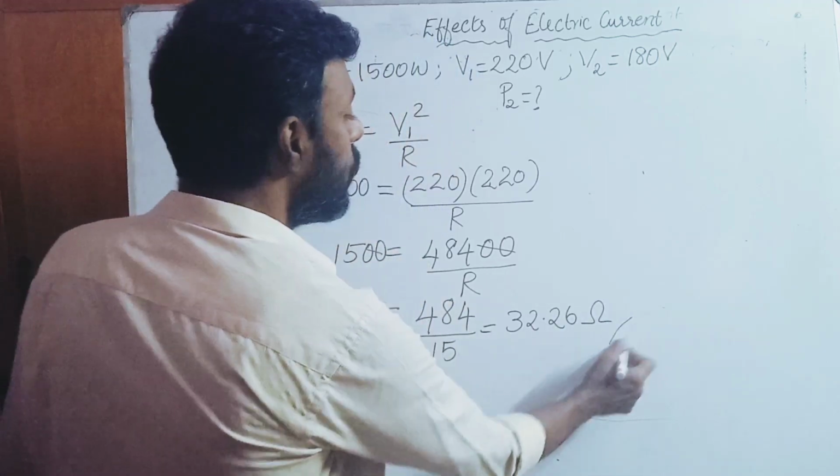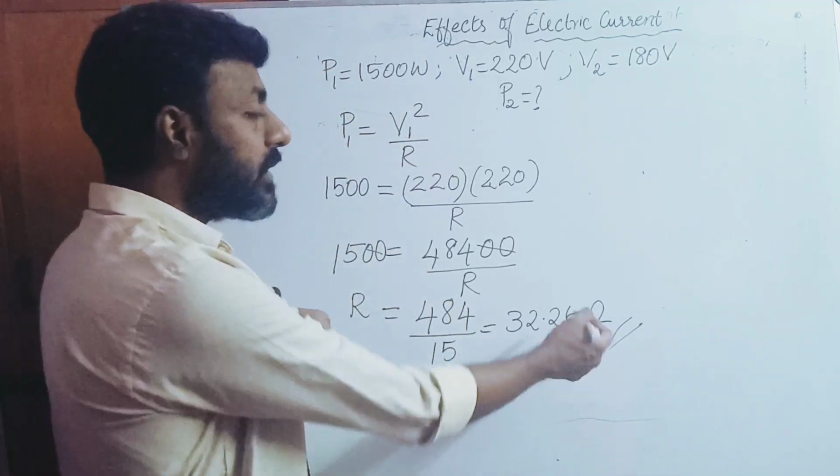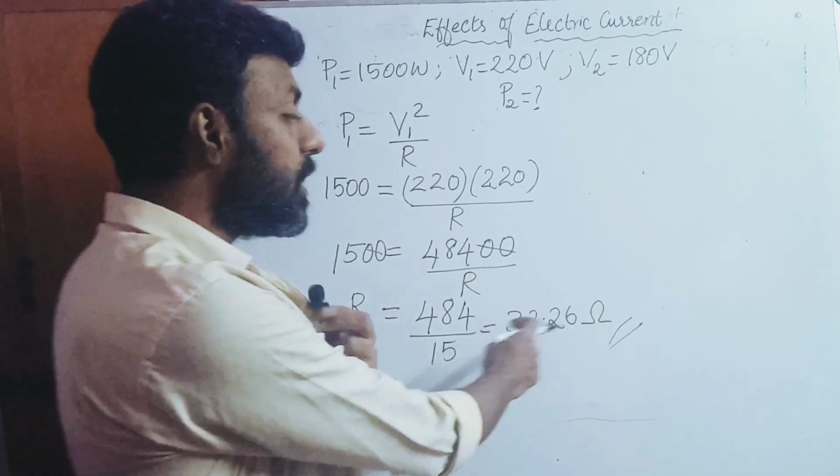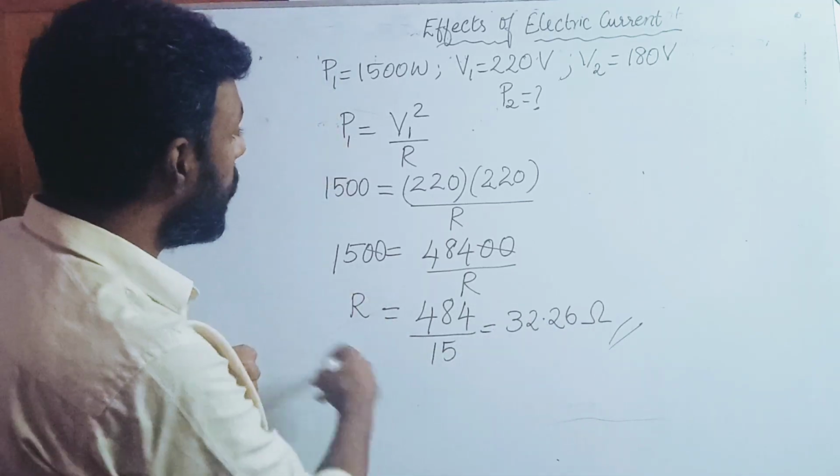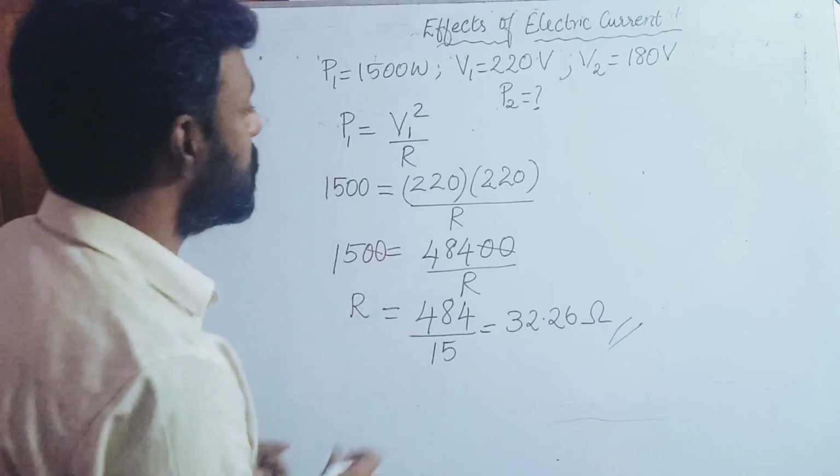This is the value of resistance. The value of the inbuilt resistance inside the water heater is 32.26 ohms. So the value of R has been calculated from equation number 1.